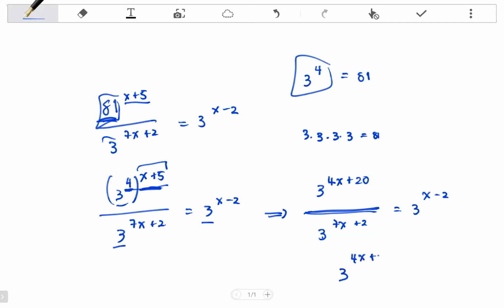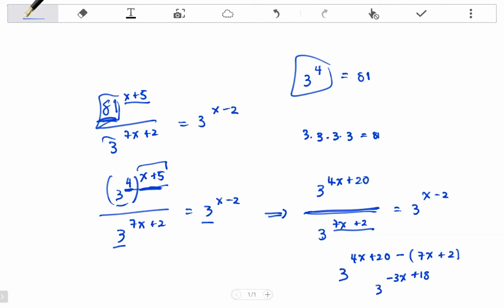4x plus 20 minus this thing. Remember to have your parentheses because your negative distributes. So this is going to simplify to 3 to the negative 3x, and let's see, positive 18. That should be right.